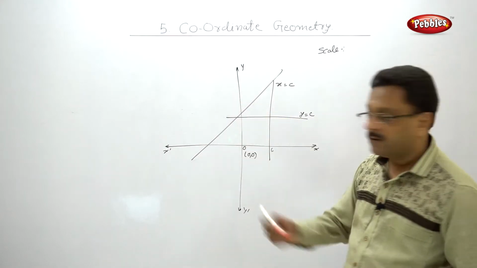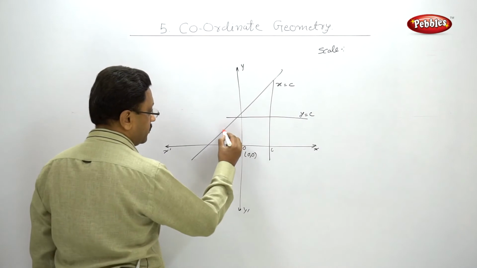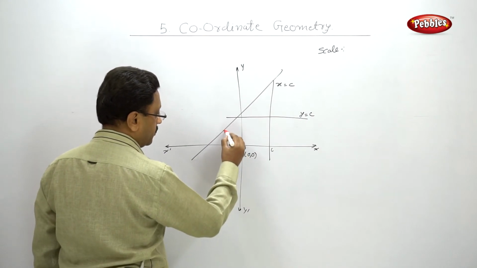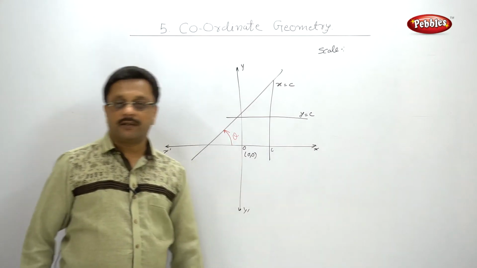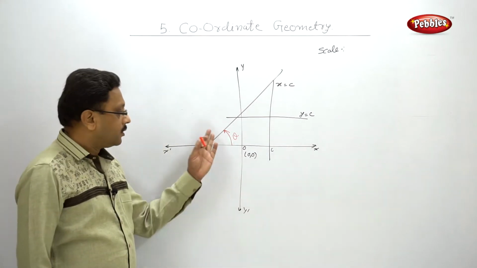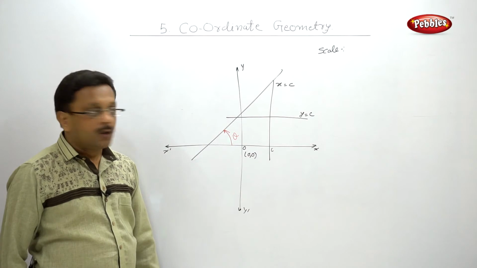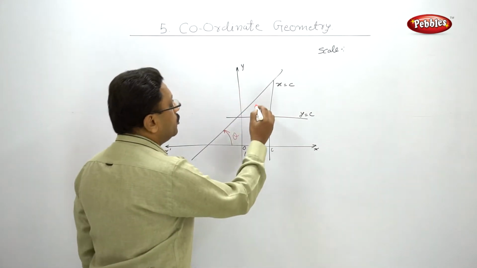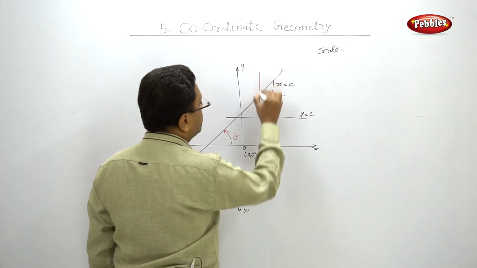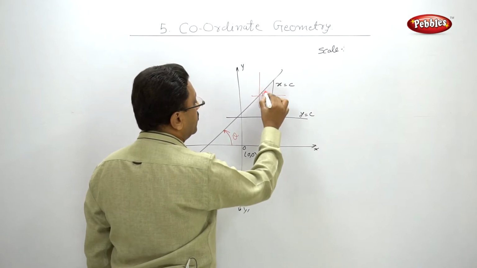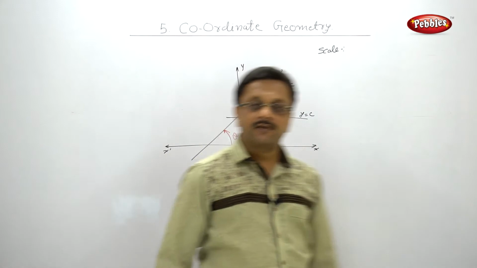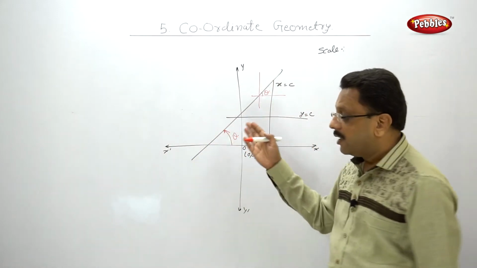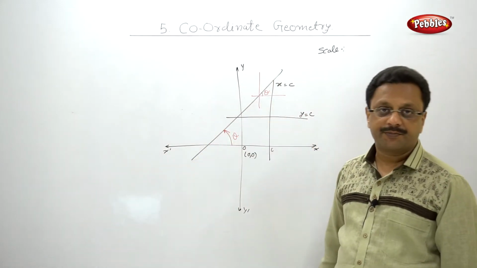This is the angle. Let's say this is the angle theta. So anywhere you draw lines parallel to the x and y axis here, the angle theta will be the same. Correct? This is called the inclination of the line.